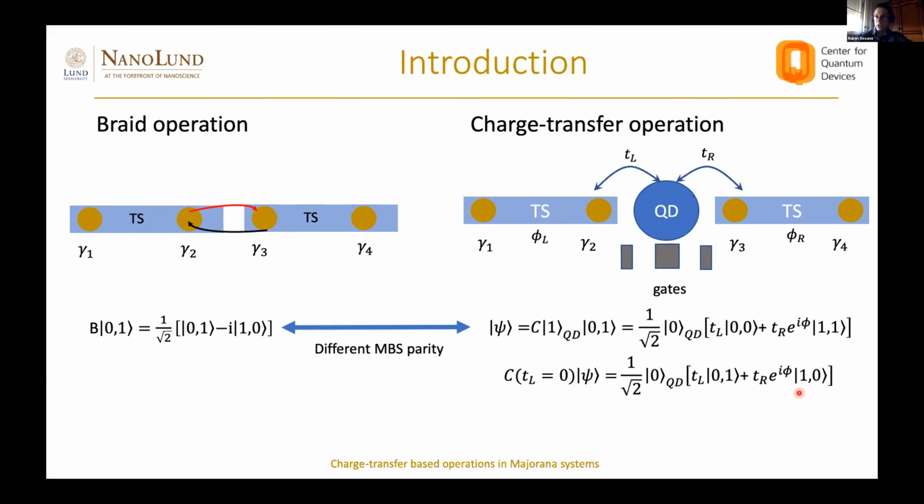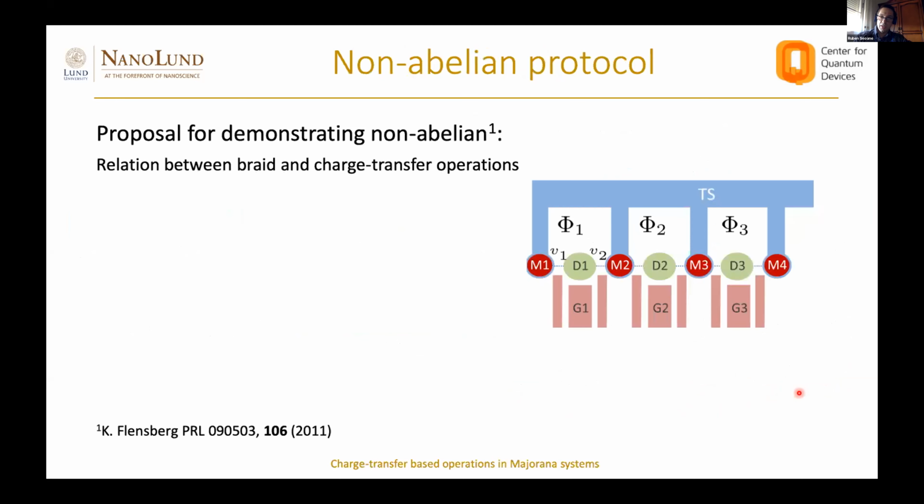And this raises the question: how efficiently can we do these charge transfer-based operations, and how do undesired effects affect these operations? Well, before addressing these questions, let me say that these charge transfer-based operations were proposed to demonstrate Majorana non-abelian statistics in 2011 in this article by Karsten Flensberg, where he proposed four Majorana bound states coupled to three quantum dots.